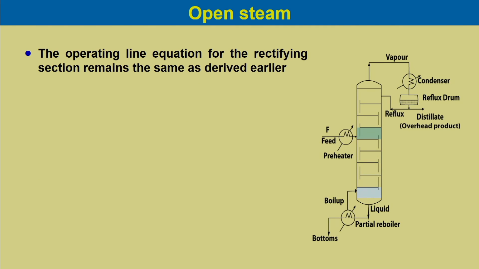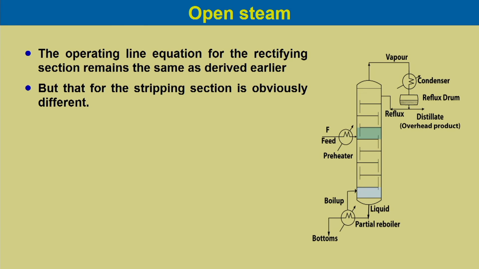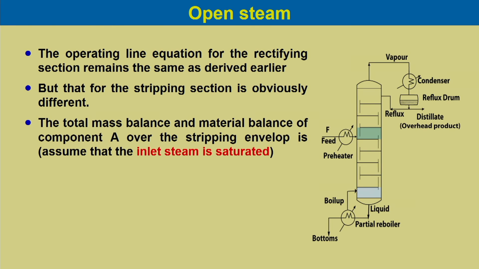The operating line equation for the rectifying section remains the same as derived earlier, but that for the stripping section is obviously different. The total mass balance and material balance of component A over a stripping envelope we can do as follows.